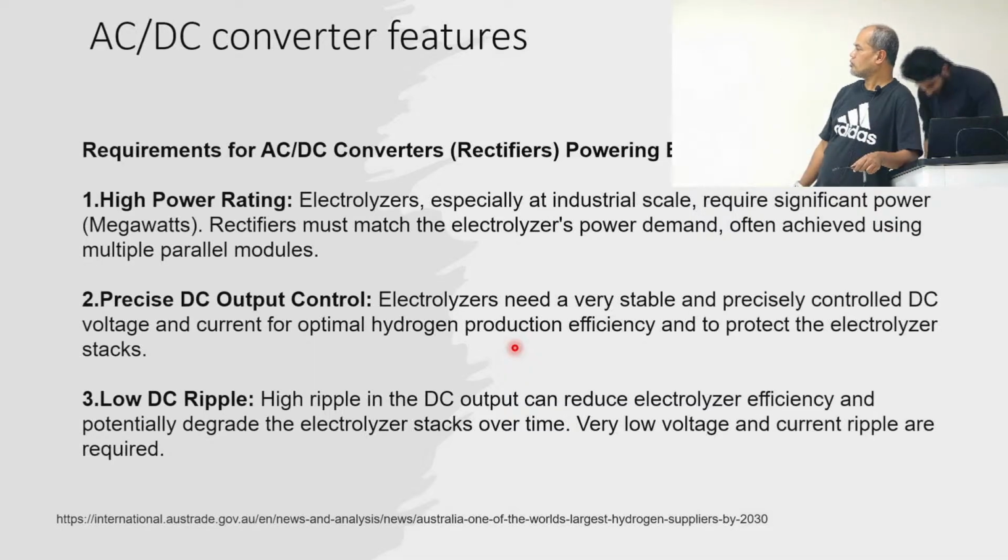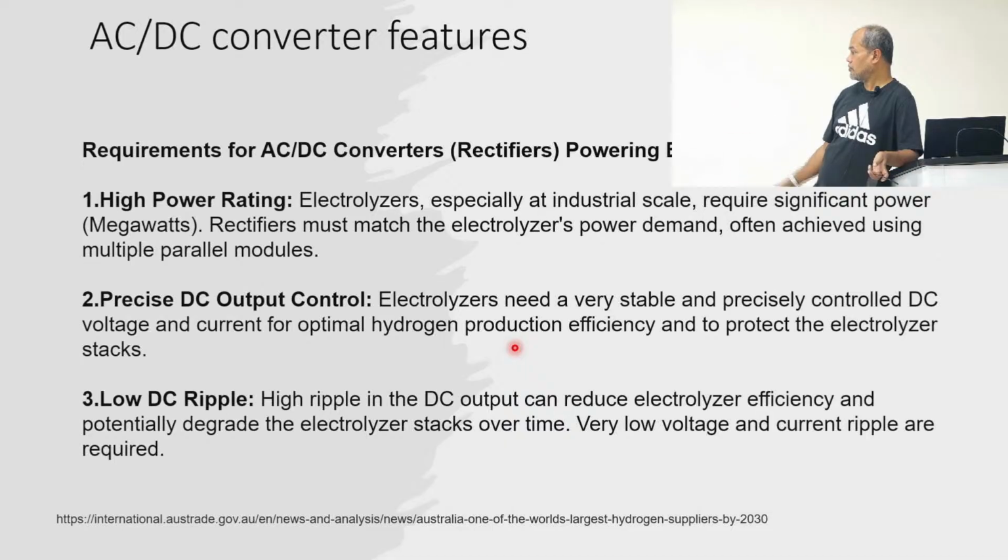Another important requirement is that it has to have very negligible ripple. If there is none, then definitely best. But as you know, most converters do produce ripple. So we use filters to remove it, but sometimes we still have ripple.